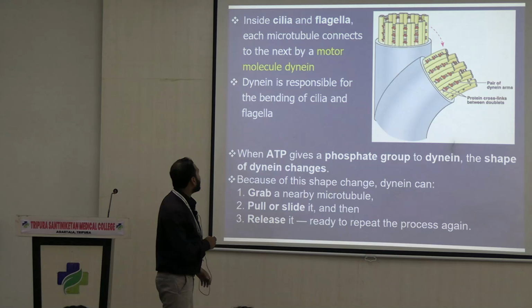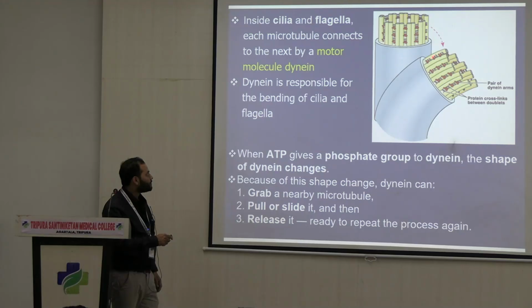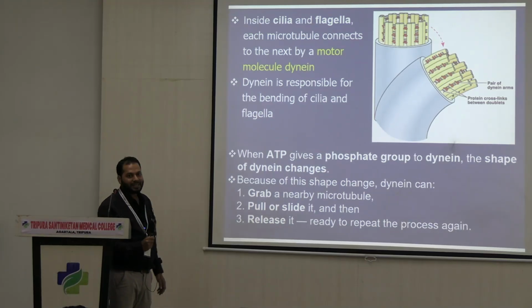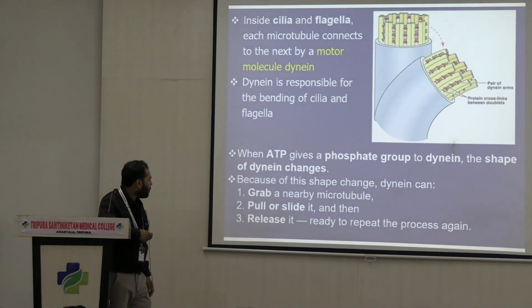You can see here the motor molecule present between the microtubules is the dynein, which is responsible for the binding of both the cilia and flagella during ciliary or flagellar movement.